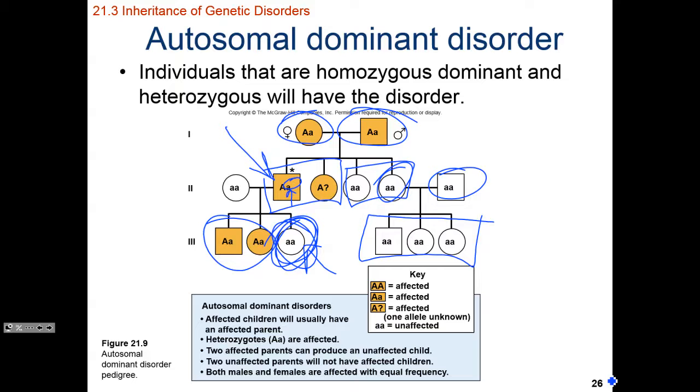So autosomal dominant disorders for generic things like freckles or hair color are kind of fun. But there are also autosomal dominant diseases out there, and those are terrifying because there's a very good chance they will be expressed in the next generation.